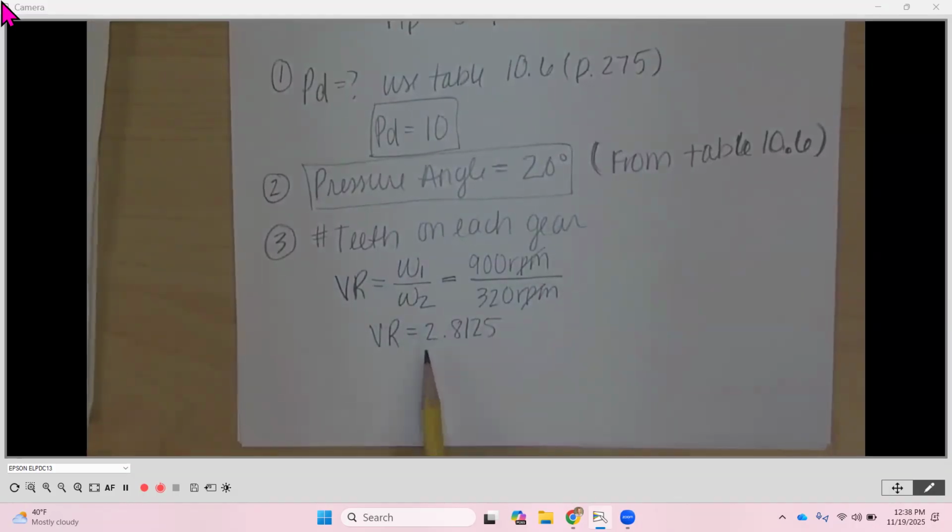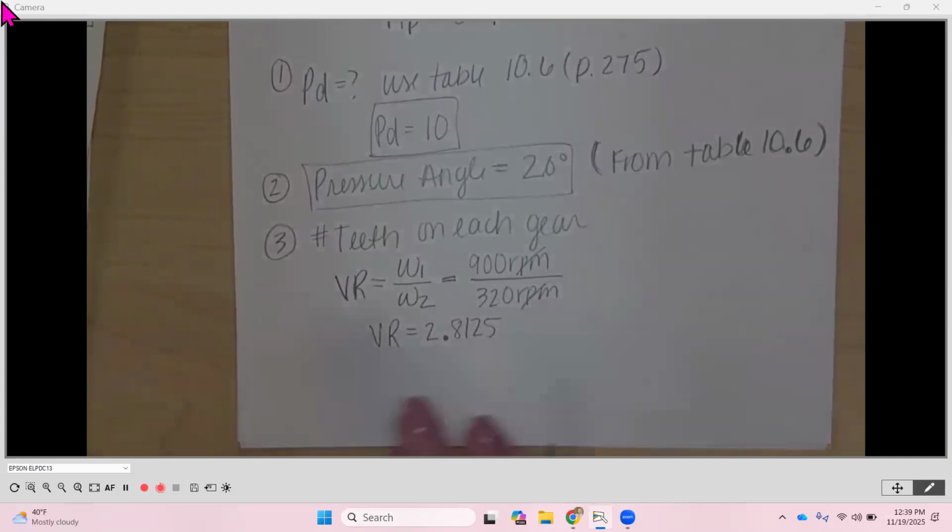And this is not a final answer. This is just something that we're going to use along the way. So what the velocity ratio tells us, remember, is how many times our pinion, our smaller gear, needs to go around in order to get that gear to go around once. So what we're doing is reducing our speed here by a factor of 2.8125.